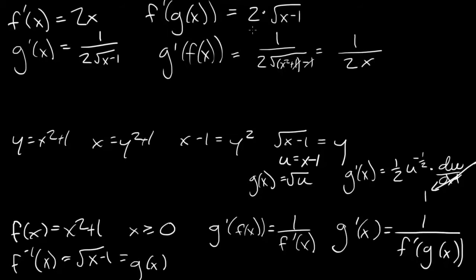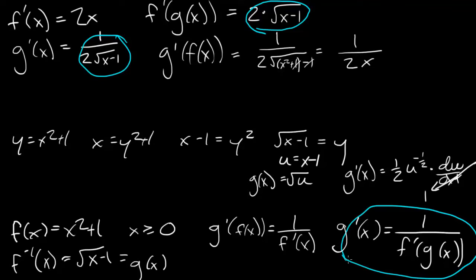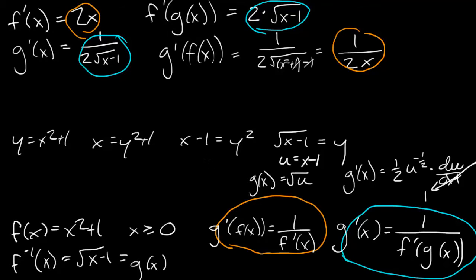Now I see some similarities. Let's see, we've got f prime of g of x and g prime of x. That's what we expected over here. g prime of x equals 1 over f prime of g of x, and g prime of f of x over here should be 1 over f prime of x. And look at that. It is.